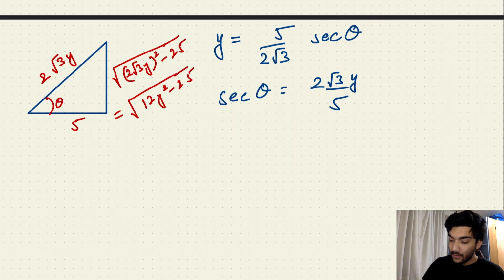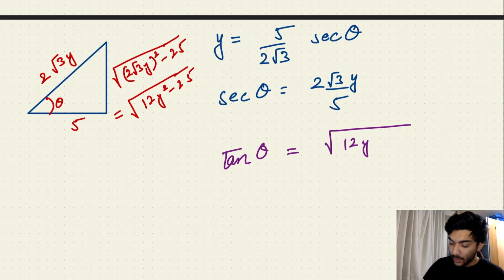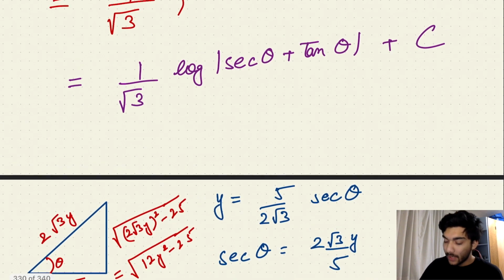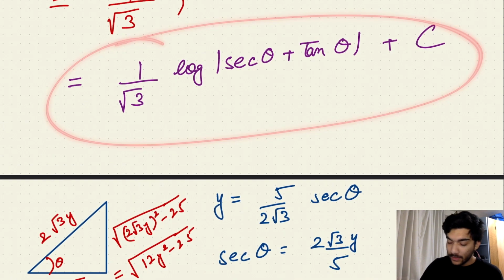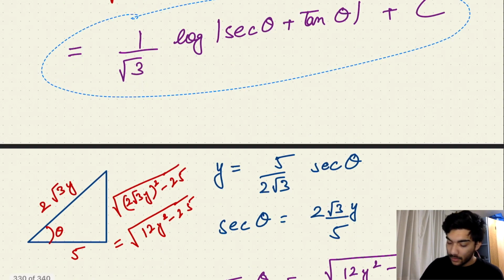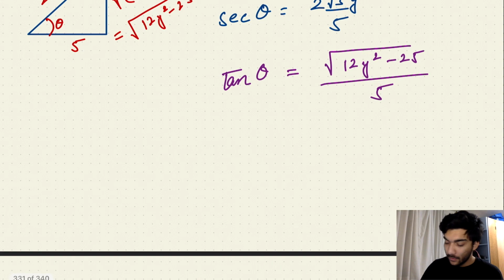So now tan theta would be perpendicular upon base. Perpendicular, as we already calculated, is the square root of 12y square minus 25, upon base, which is 5, right? So you got your tan theta expression, you already had your secant theta expression. So now let's calculate the answer to this expression in terms of y.